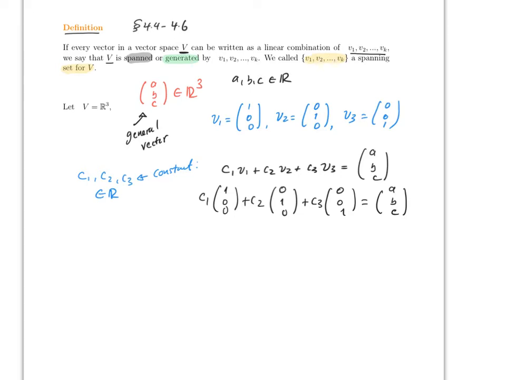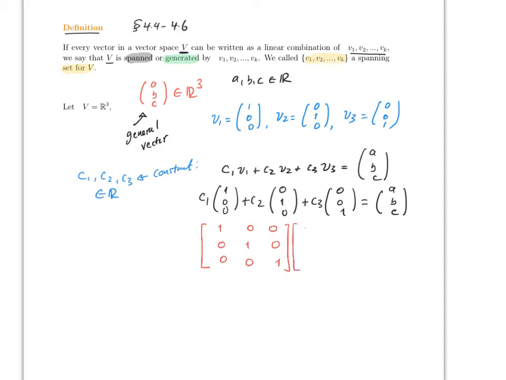So you're trying to see if you can combine these 3 vectors, for given constants, to produce any vector. Notice that this is equivalent to writing it in matrix form like this. It will be 1, 0, 0, 0, 1, 0, 0, 0, 1.